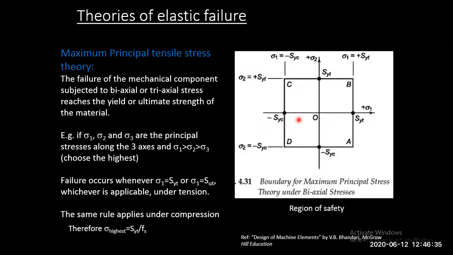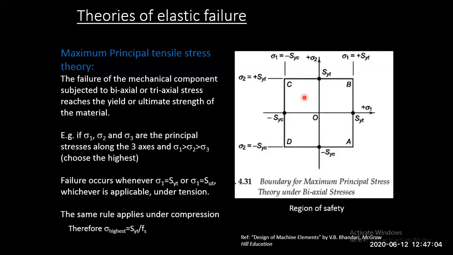You can see here on the x-axis this is sigma yield, sigma yt is tensile and compressive, and on the x-axis and y-axis you have the yield points, and whenever the principal stress reaches it, we already know sigma 1 and sigma 2 are principal stresses, whenever it reaches that limit, the material will fail.